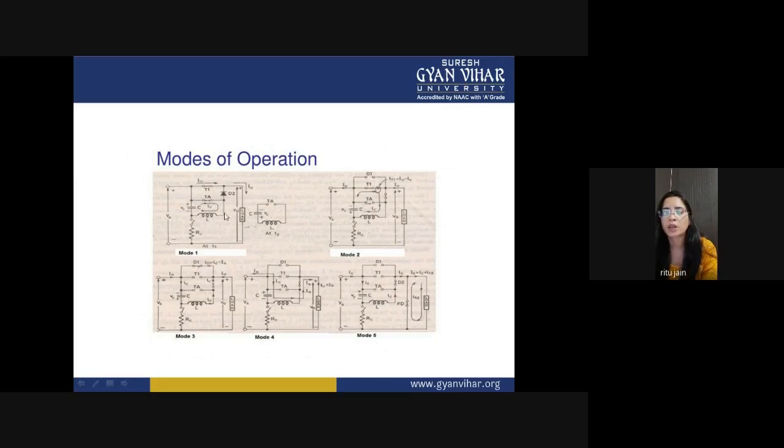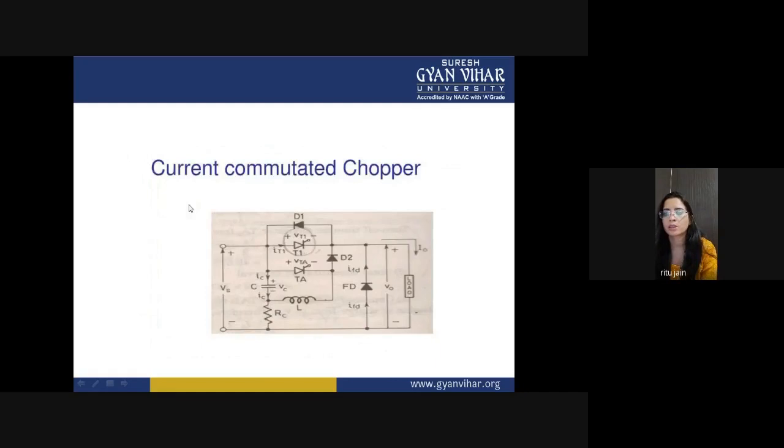When it discharges, the voltage across the capacitor becomes reverse biased. This plate is negative, this plate is positive. So the SCR TA, the auxiliary thyristor, is turned off, because you can see in this diagram that thyristor TA will be turned on only when this terminal is positive and this is the negative terminal.